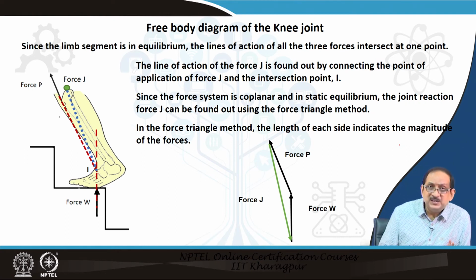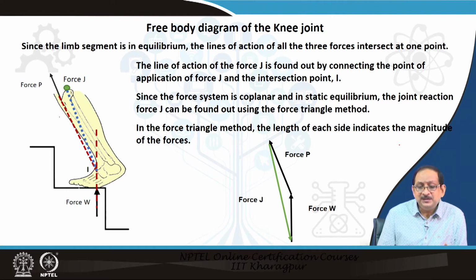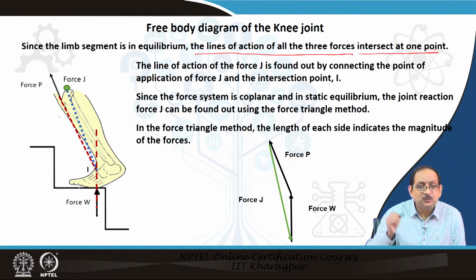Now, since the limb segment is in equilibrium, the lines of action of all three forces intersect at one point. They have to intersect at one point since the limb segment is in equilibrium.